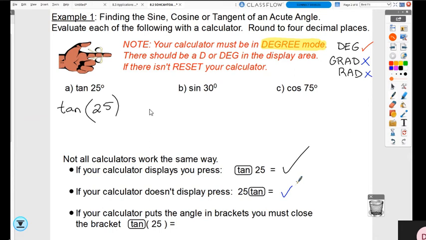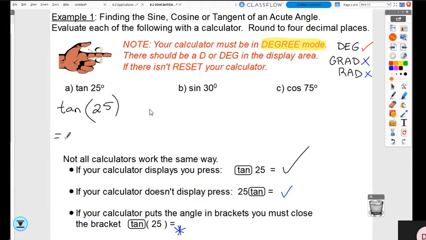And like I said down here, if your calculator puts the angle in brackets, you must close the bracket, and that's for a lot of us probably in this class. So you get tan 10 25. If your calculator's in degree mode, what do you get as a decimal? And we should round to 4 decimal places.